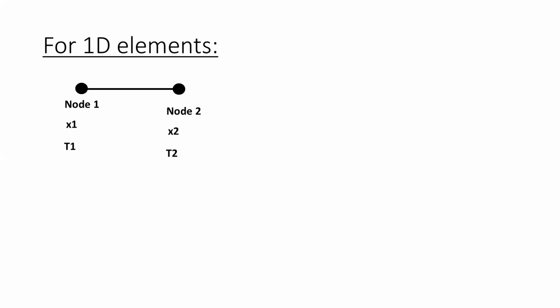Now since there are only two nodes, that is only two unknowns, t1 and t2, using 2 points you can only draw a line in between. A line obviously is going to be a linear relationship.